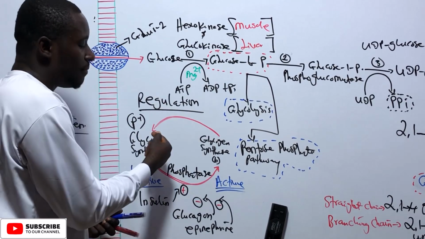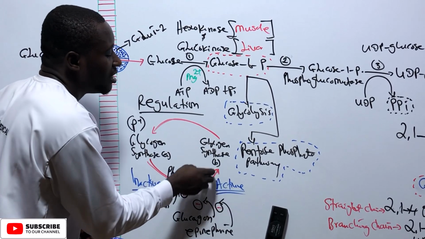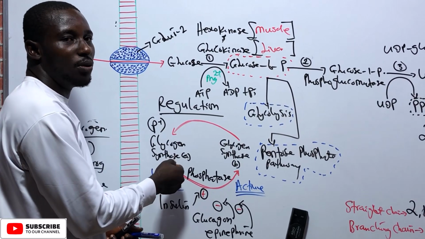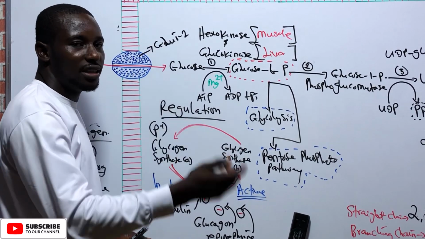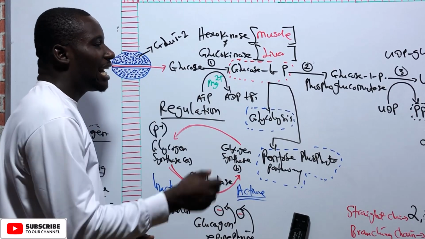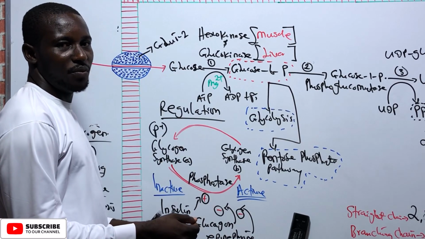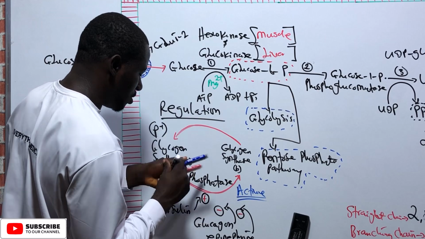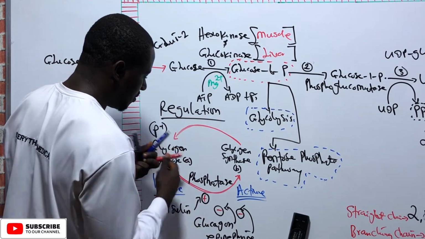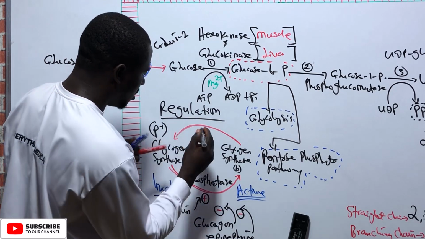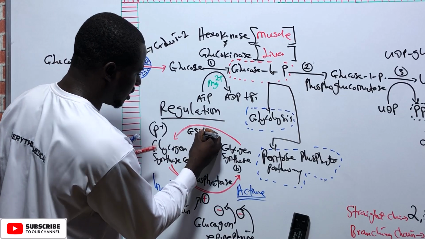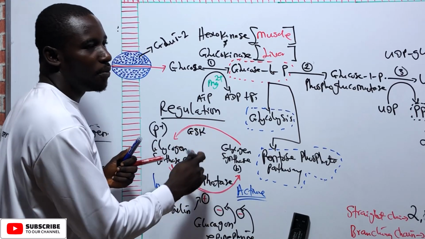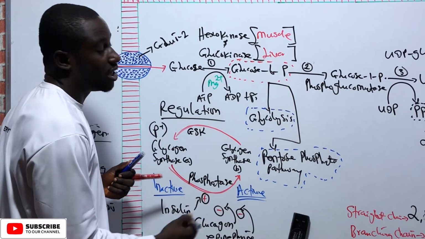There is an enzyme that converts glycogen synthase B to glycogen synthase A, thereby keeping it in a phosphorylated state. That enzyme is called glycogen synthase kinase or phosphorylase kinase. So we put GSK as the enzyme. GSK, glycogen synthase kinase or phosphorylase kinase, whichever one you want to write.